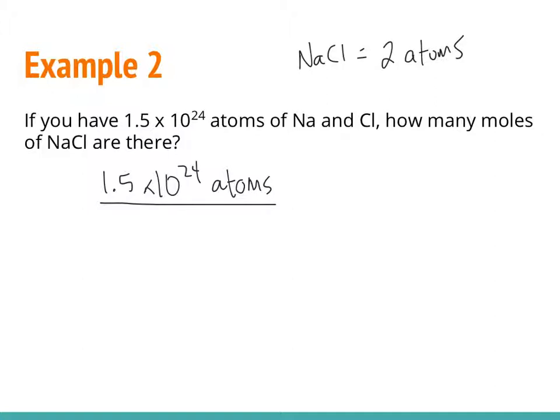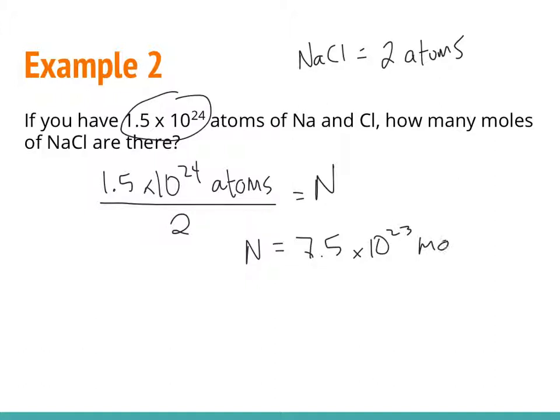So we're going to take our total number of atoms and divide it by 2 to get the total number of molecules. In this example, the total number of molecules would be 7.5 times 10 to the 23 molecules.